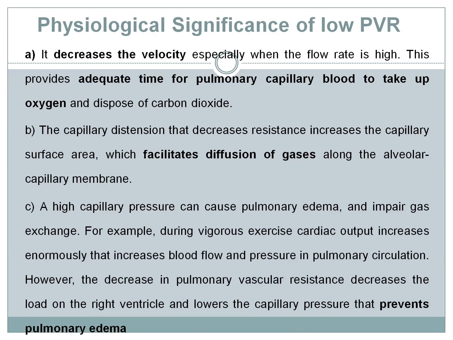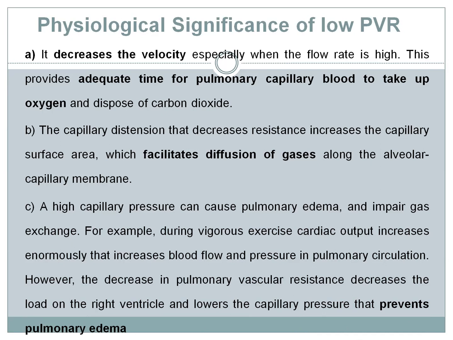If high capillary pressure is seen, that can cause pulmonary edema, and if there is an edema, it will impair the gas exchange. Say for example, during vigorous exercise, cardiac output generally increases enormously.